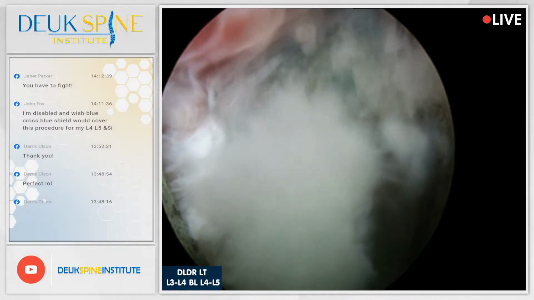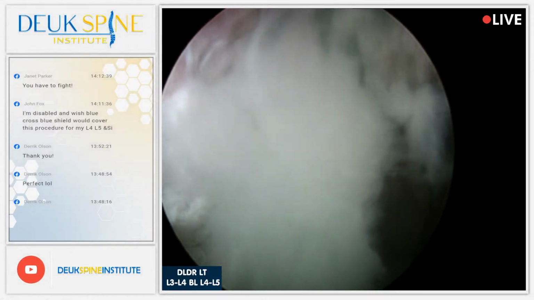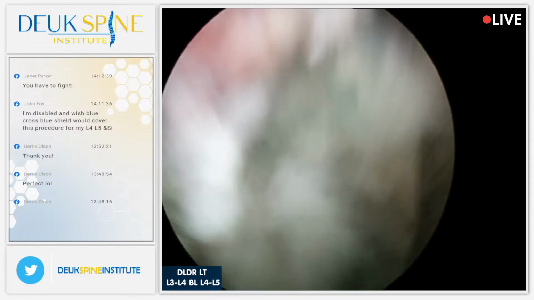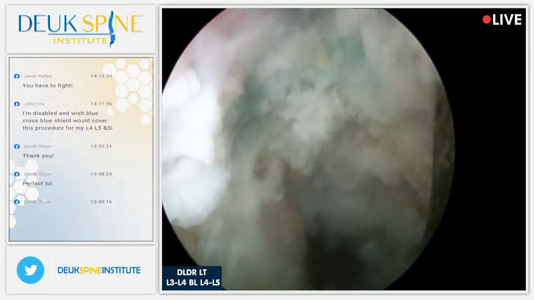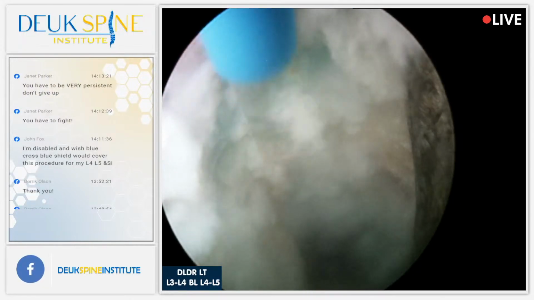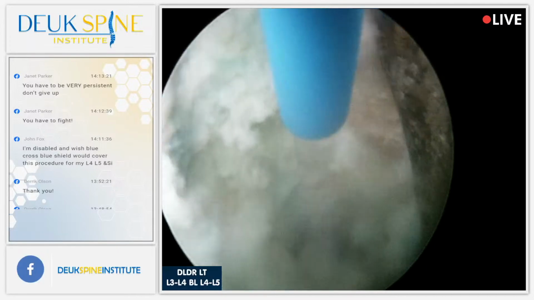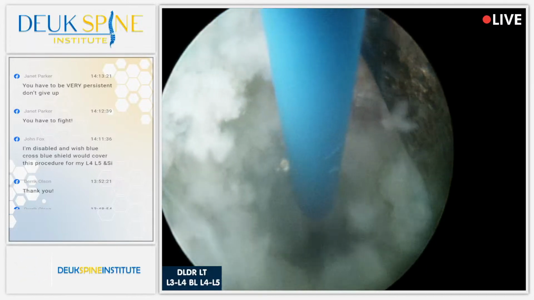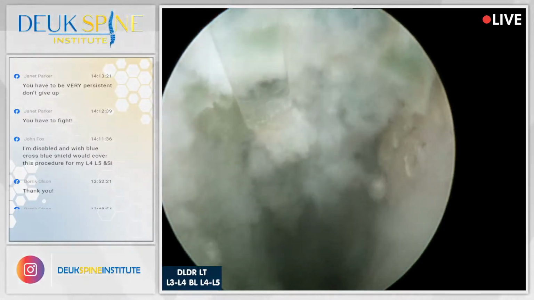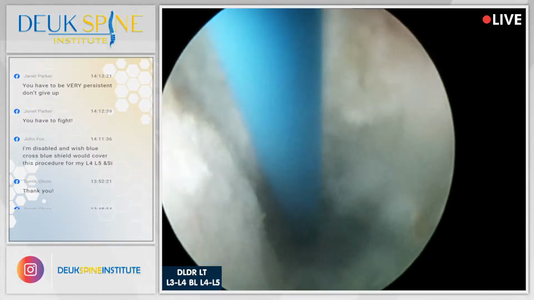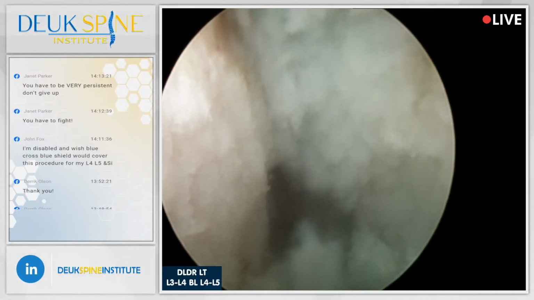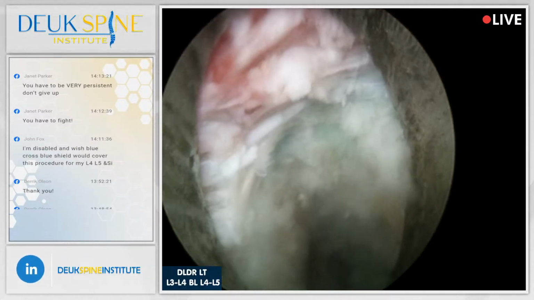Now, just so you know, Blue Cross didn't pay for artificial discs at one point. They didn't pay for fusion at one point. And what happened was patients paid out of their pocket, they got the surgery done, and then they sued their insurance company to get them to pay for it. And this is a common thing done all over the United States. It's been done for everything: artificial discs, interspinous devices, fusions, you name it.